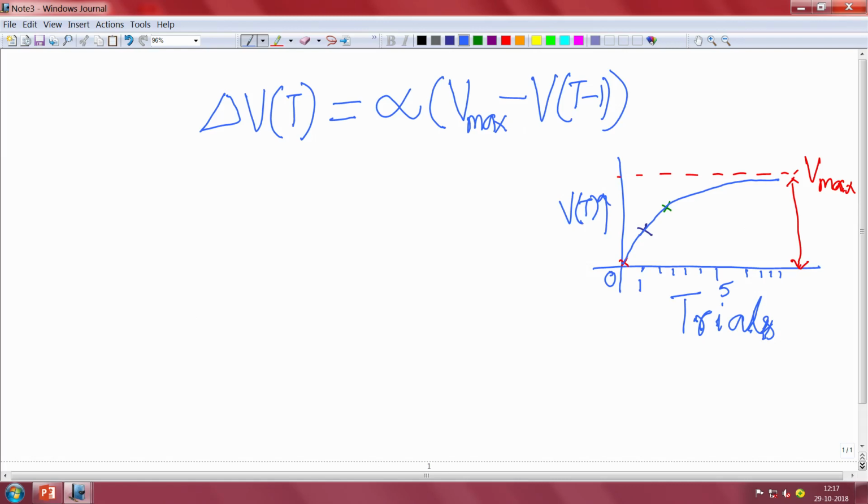So, if the US is an electric shock, the response the animal develops for an association with any CS could be a stereotypic response, which we call freezing, or some other response like the avoidance response that we have seen already in the course. Now, there is no limit for how much of a response the animal can do.